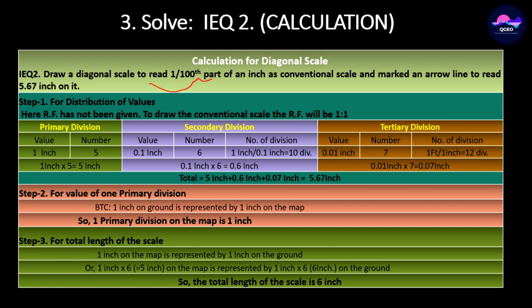Draw a diagonal scale to read 1/100th part, remember it, 1/100th part of an inch as a conventional scale, and mark an arrow line to read 5.67 inch on it.